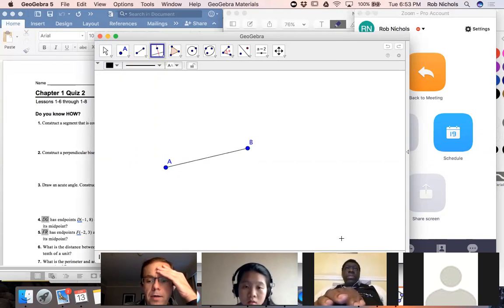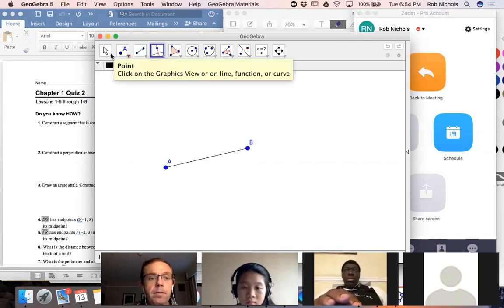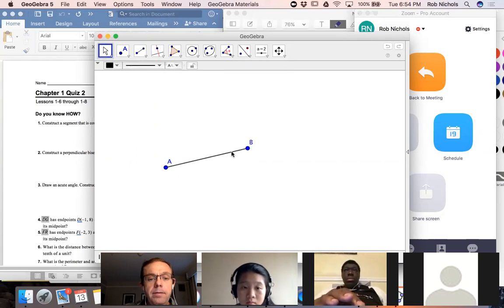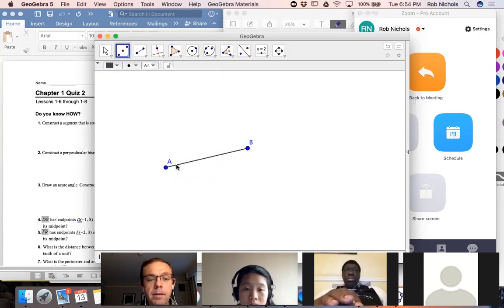We want to construct, oh, we've got someone new coming in. Okay. So we want to select this line, and we want to do it through the midpoint. So construct the midpoint. Okay. Select this line, and let's see if we can find midpoint. Midpoint of that line. There it is.